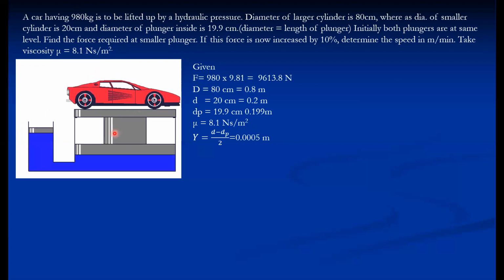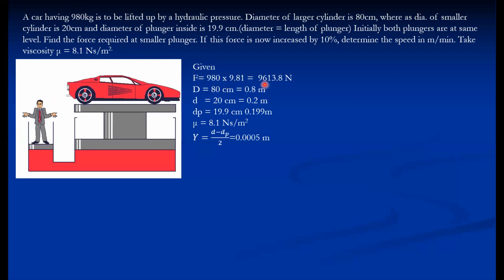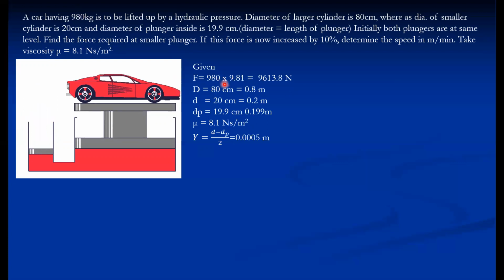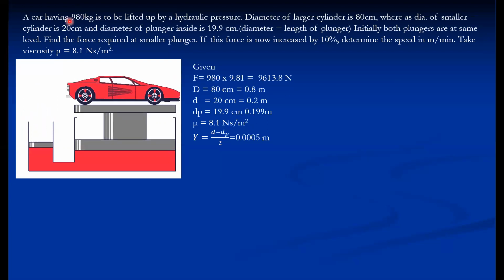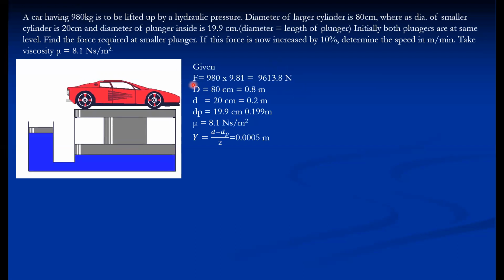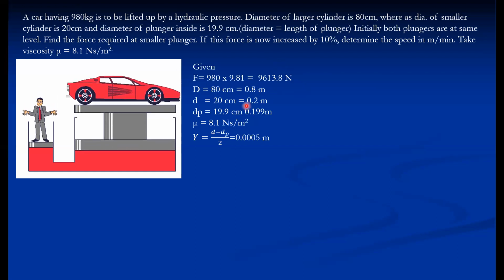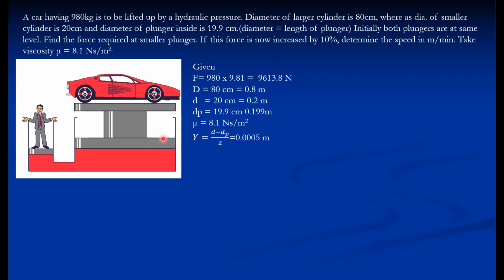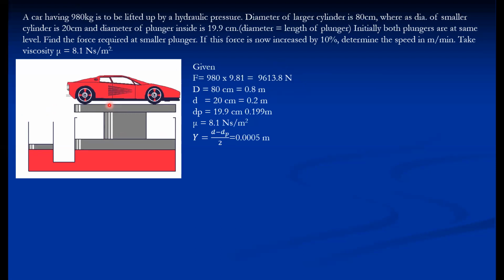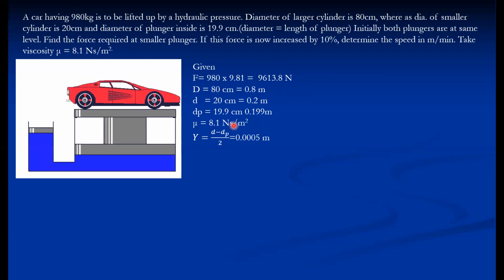So the larger piston force is 980 into 9.81. 980 is a mass quantity, so converted into weight, in our convention we call it F. It is 9613.8 Newton. Diameter is given, 80 centimeter. Small diameter is also given, 20 centimeter. Diameter of plunger is given. Dynamic viscosity is given.